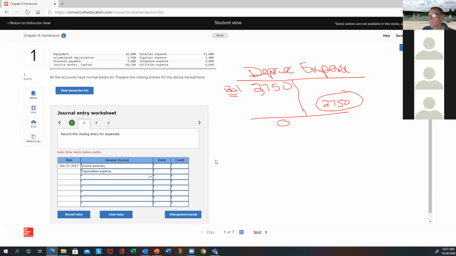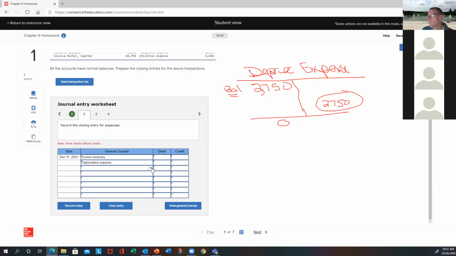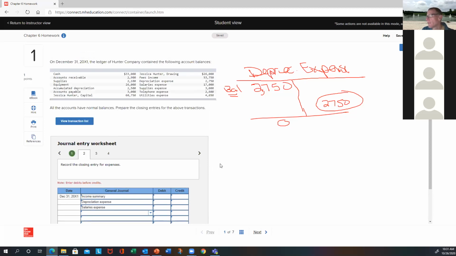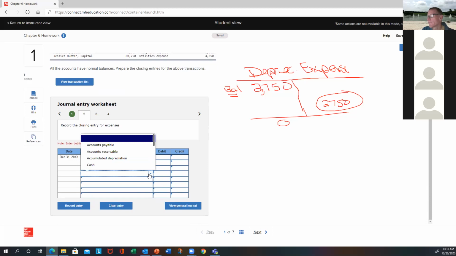Then we've got salaries expense right there, supplies expense right there, telephone expense right there, and then the last one is utilities.